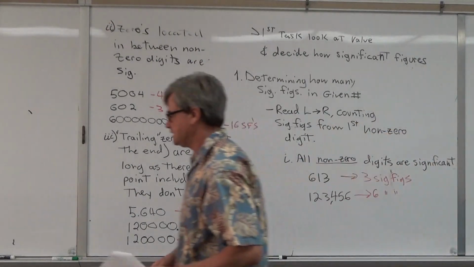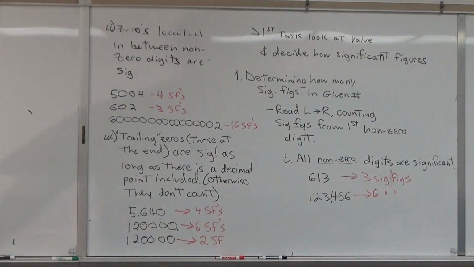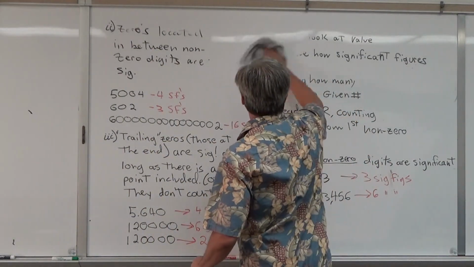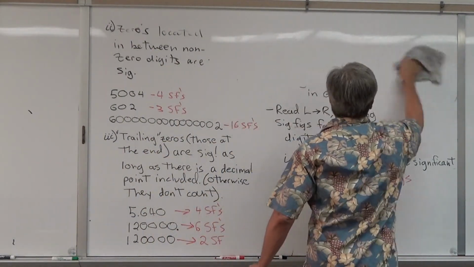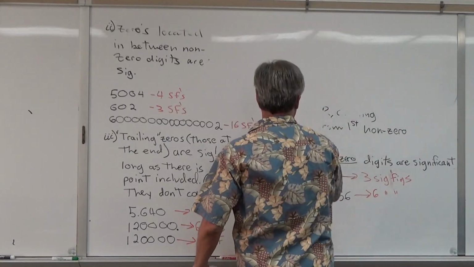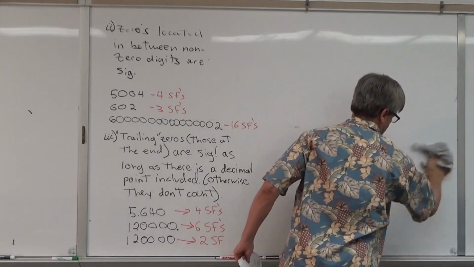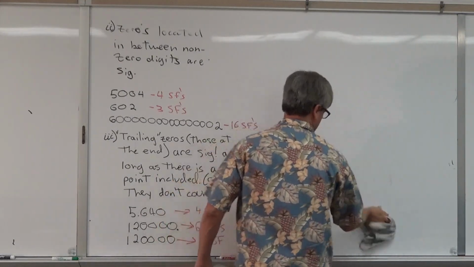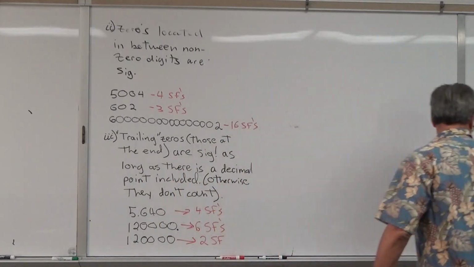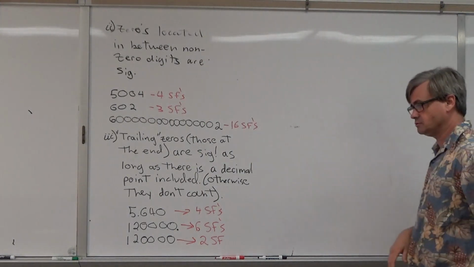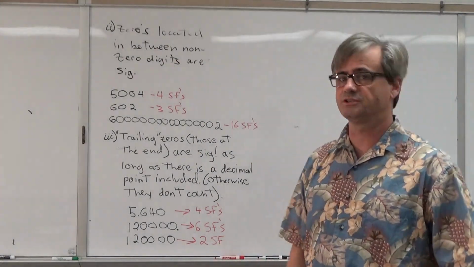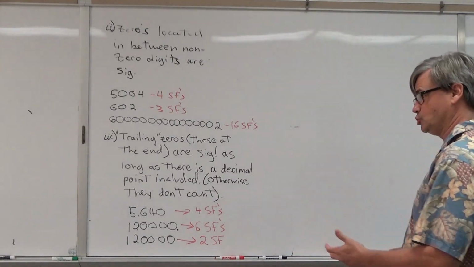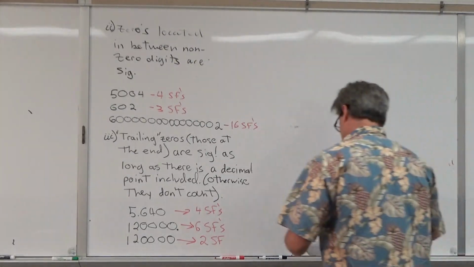And then leading zeros is the last thing we need to describe in how you look at a number and decide how many significant figures are in it. After we can identify how many sig figs are in a given measurement or value, we're going to talk about how you do mathematical operations with those and maintain good significant figure practices.